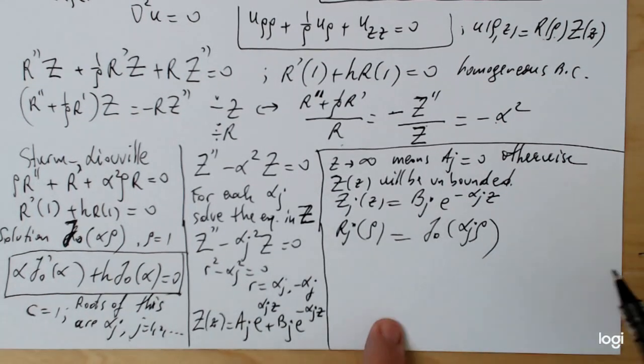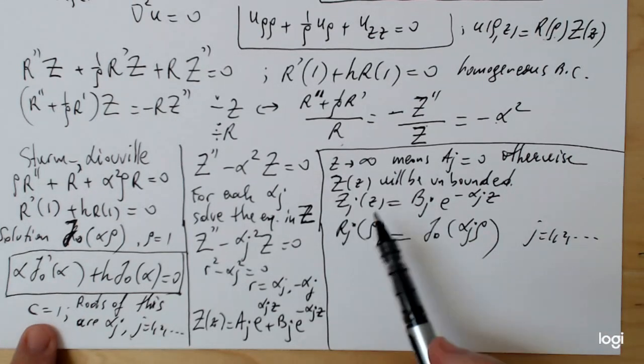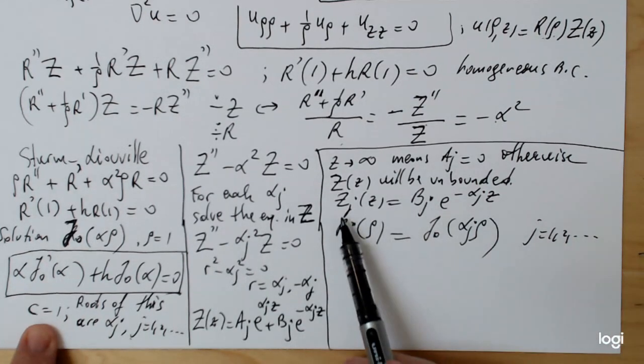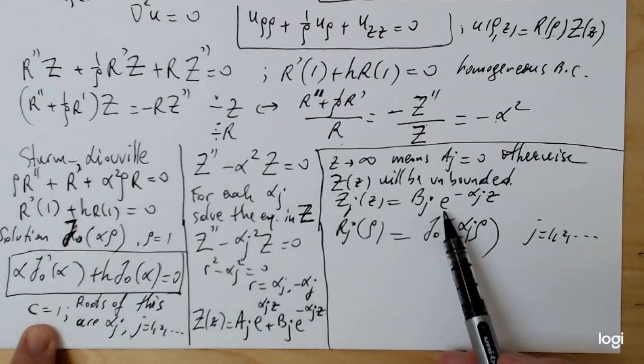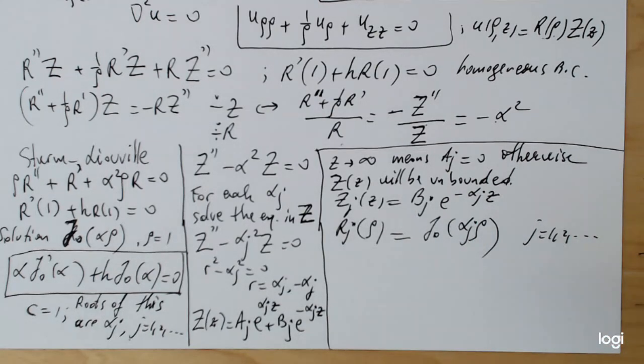For each j, right, so j is from 1, 2, and so on, you obtain a solution of the z equation, Z_j of little z, some constant b_j e to the minus alpha j z. So this is the moment when you deal with the non-homogeneous condition after you use the superposition principle.